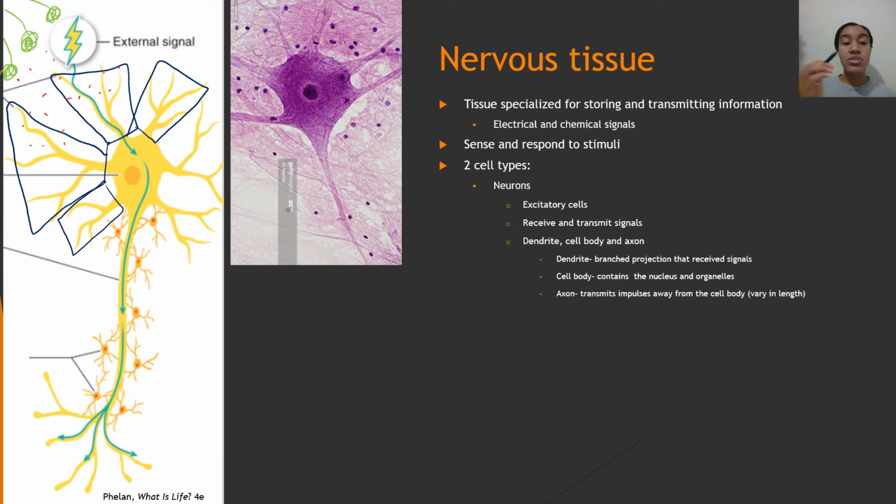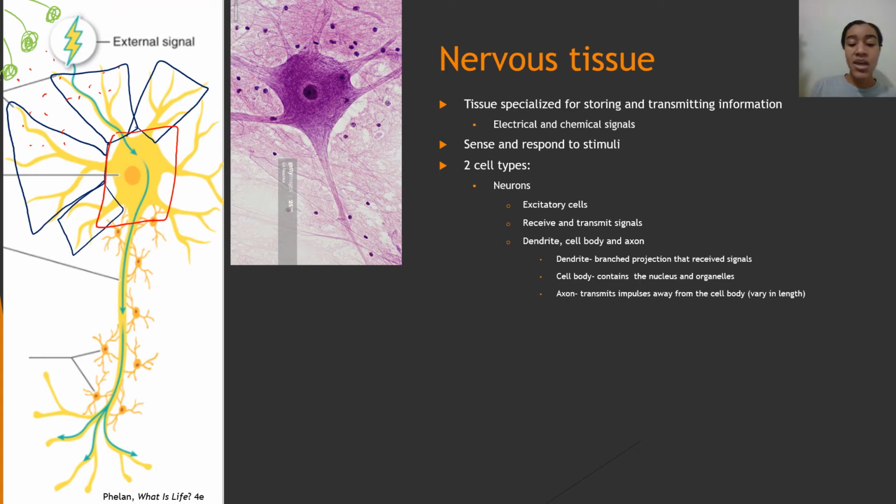Then that chemical or electrical signal would pass from the dendrites to the cell body. The cell body is where all the other parts of a cell that you normally associate with a cell are located: the nucleus, the mitochondria, the endoplasmic reticulum. All the protein production happens in the cell body.